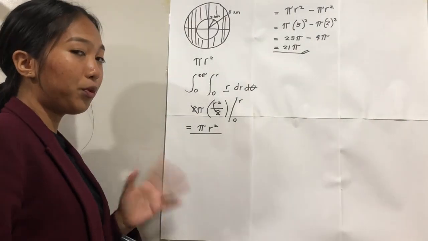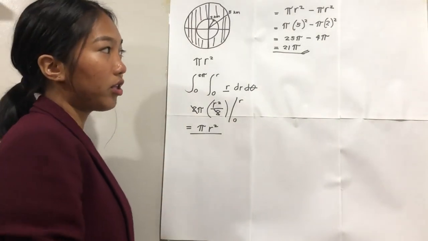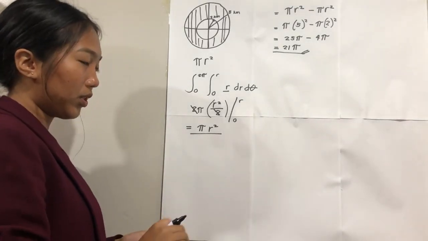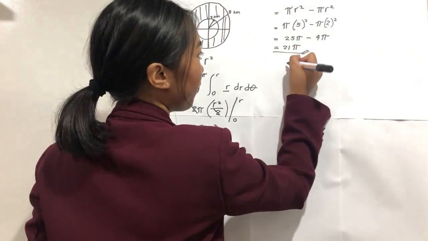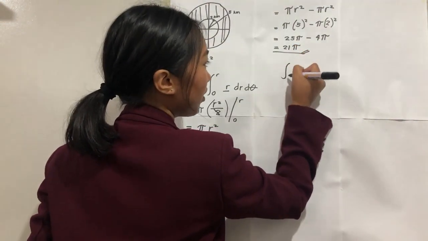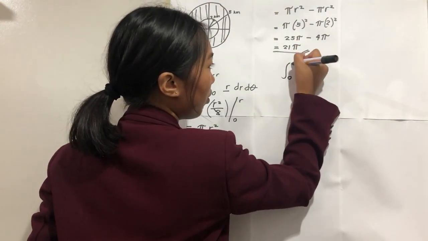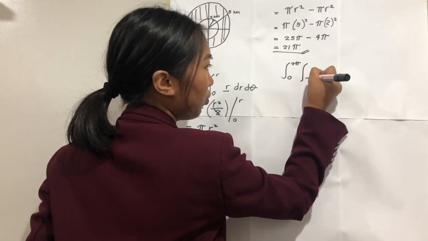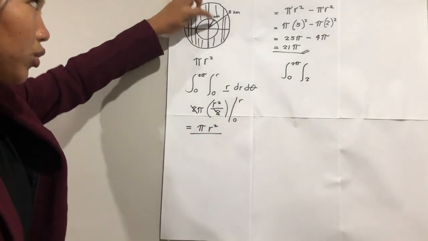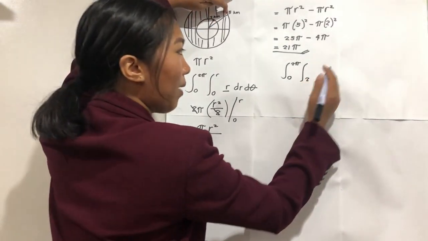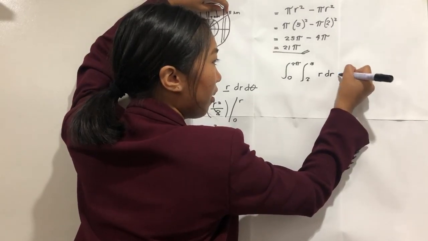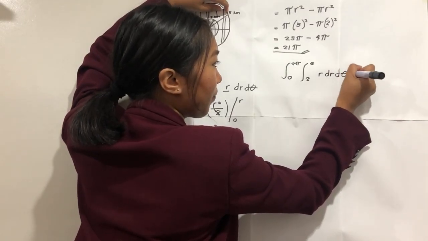So next, to prove this, the other way, or the moderate way, to find the area is we're going to use integral. So the integral from 0 to 2 pi, and for the radius, the integral from 2 to 5 of r dr d theta.